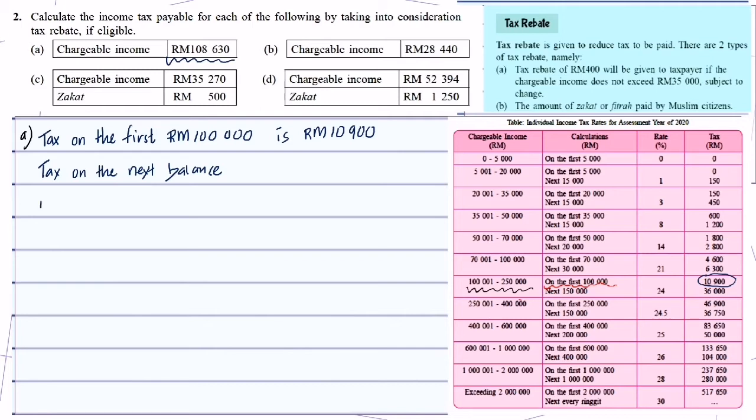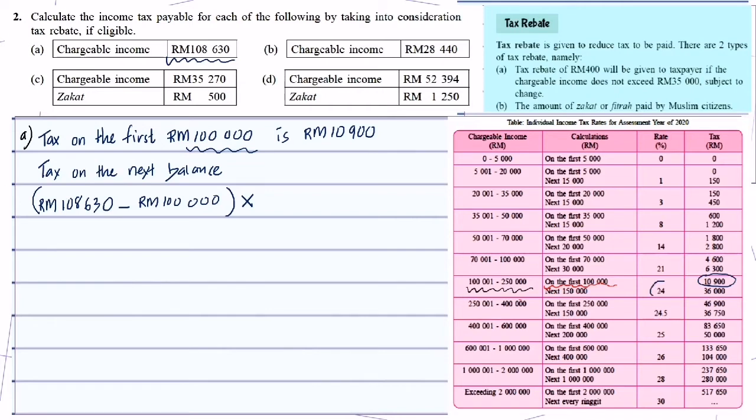So the chargeable income minus the first 100,000 just now, and you know the tax on the next balance must times how many percent?